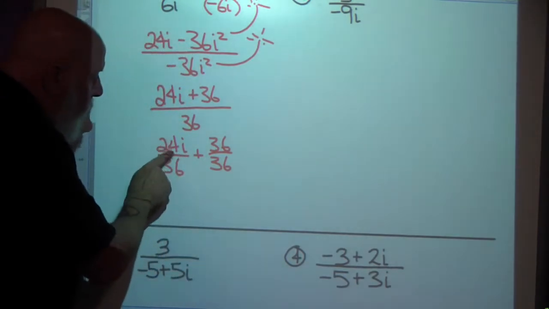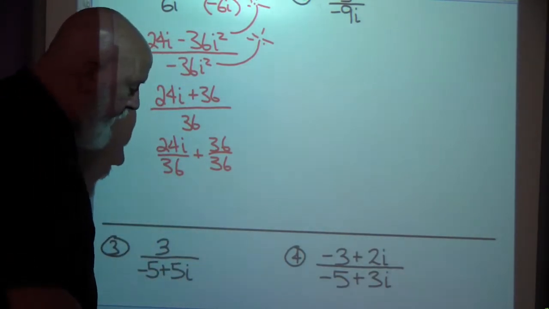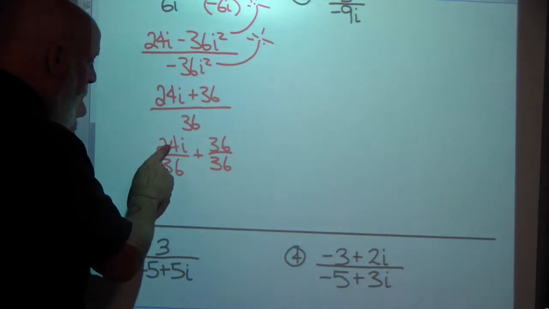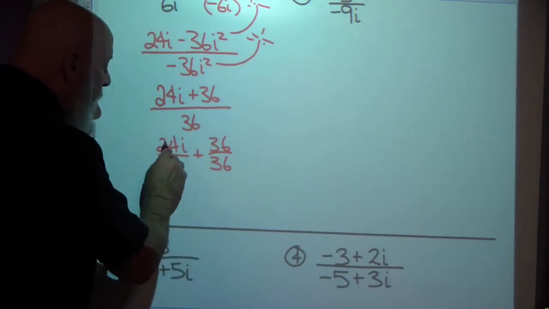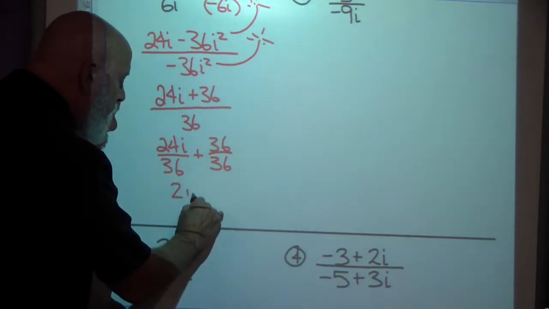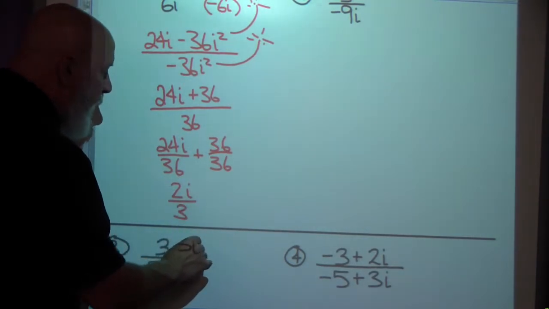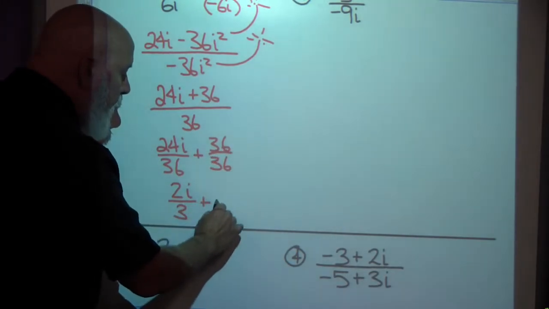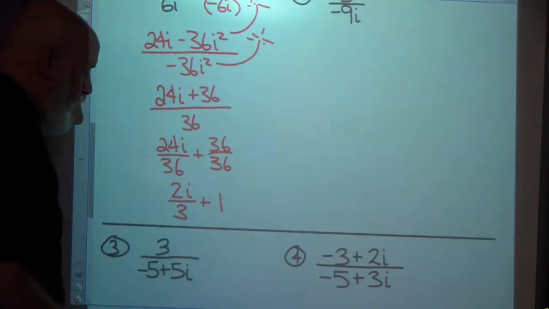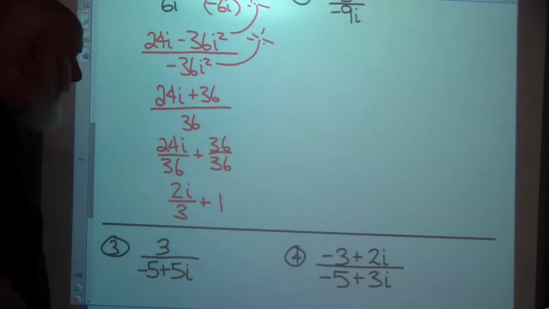Sorry about that. 12 will go into both of these evenly. I would have seen that if I wasn't so old. Divide them both by 12. That will give me 2i over 36 divided by 12 is 3, plus 1. 36 divided by 36 is 1. Okay, and that's our simplification.